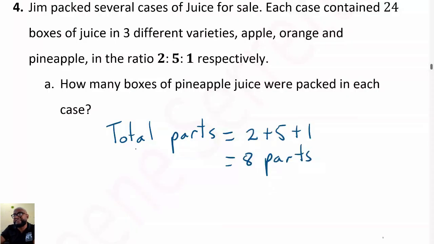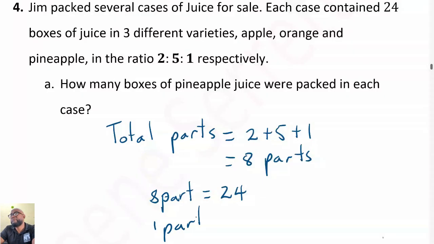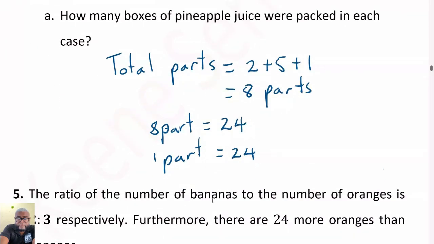How much in a case? 8 parts would be equal to how many boxes of juice does each case have? 24, right? So 8 parts is equal to 24, which is the total amount of juice. So how much would one part be? 24 divided by 3?